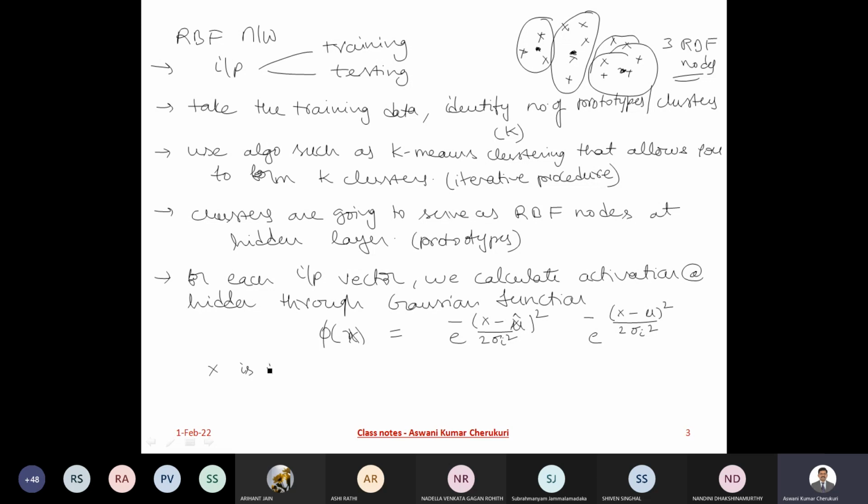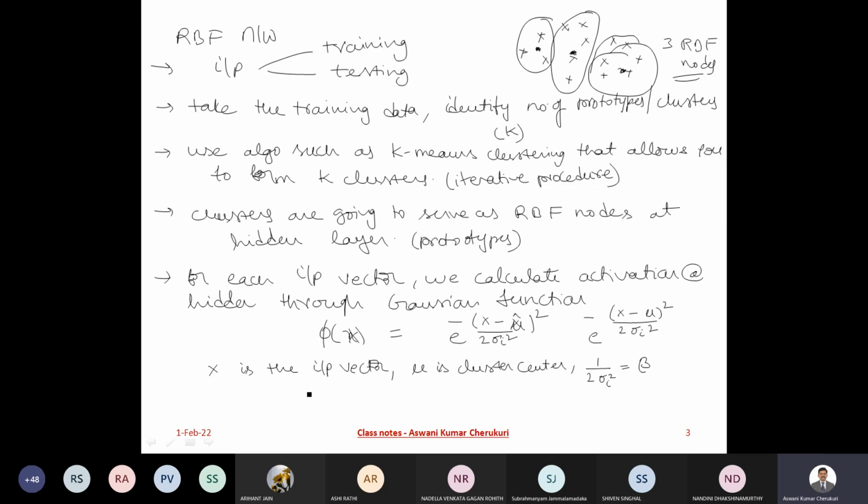I write it again: e power minus x minus mu square by 2 sigma i square, where x is the input vector that we have submitted at the input layer. The mu is your cluster center, that means the prototype center, the cluster center vector. The other parameter is sigma i square. Generally while calculating, we take the entire term 1 by 2 sigma i square as beta.